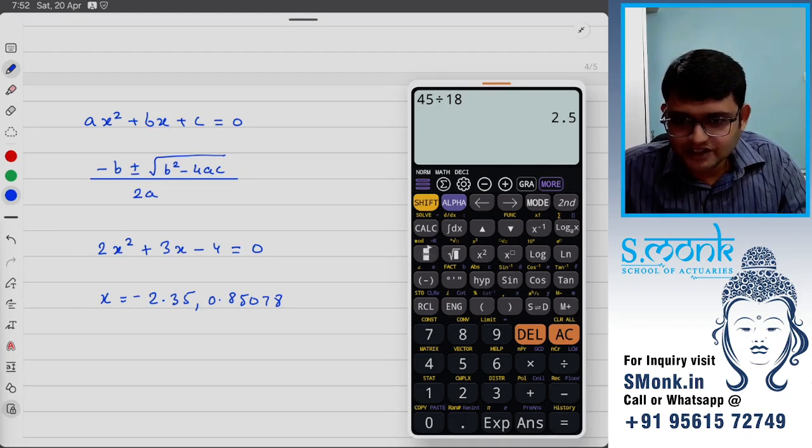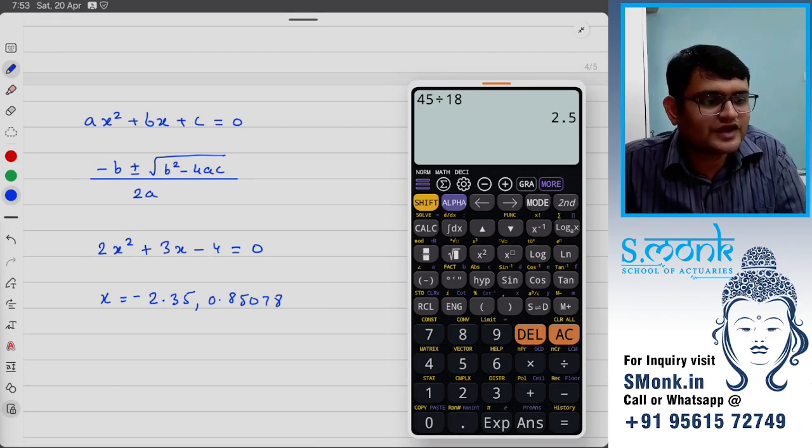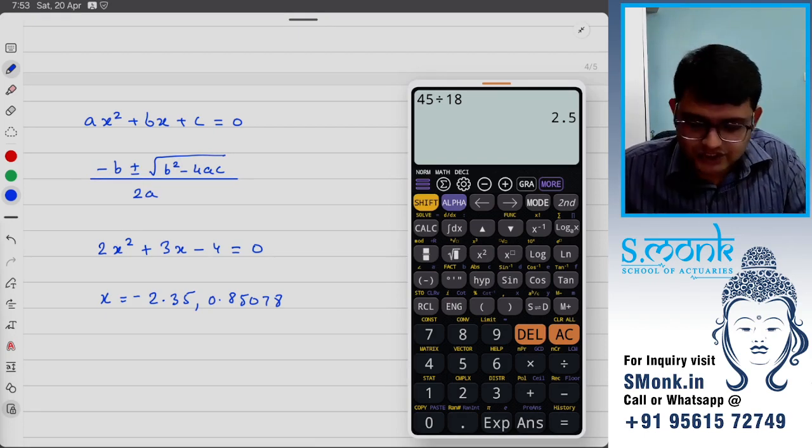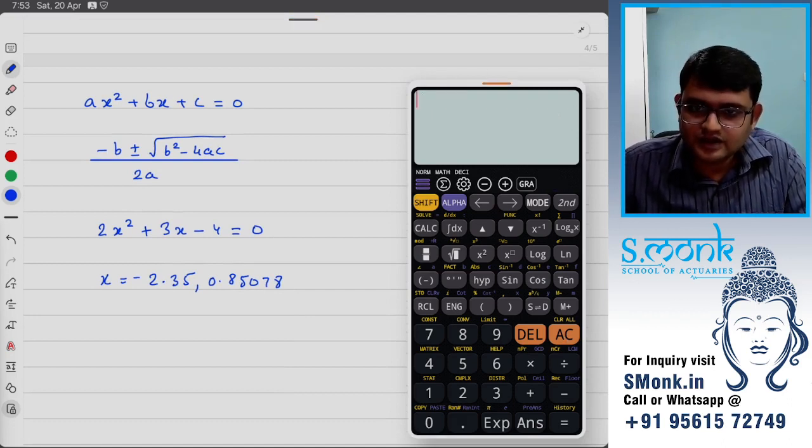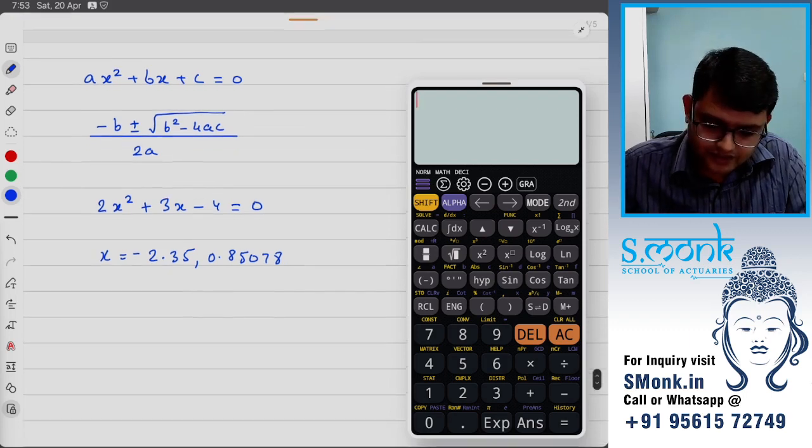Then you understand the use of this decimal, this division, root, square, and this log. These will help you construct a very complicated equation. So any complicated equation, you can construct it here itself, in your calculator.